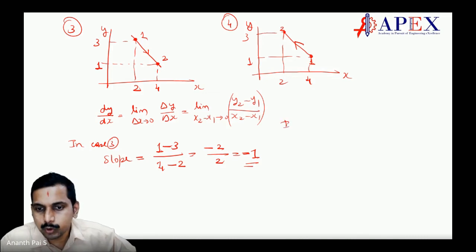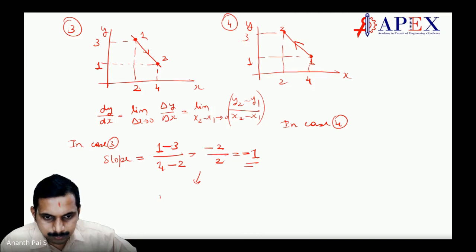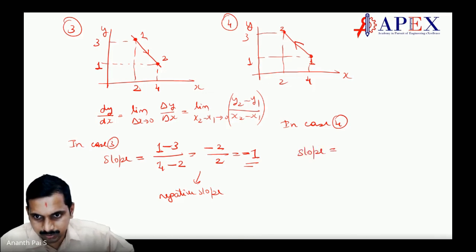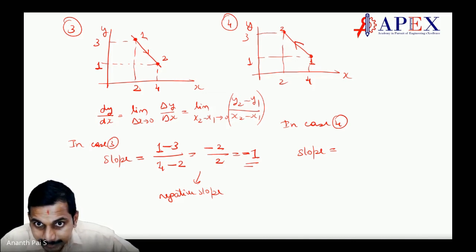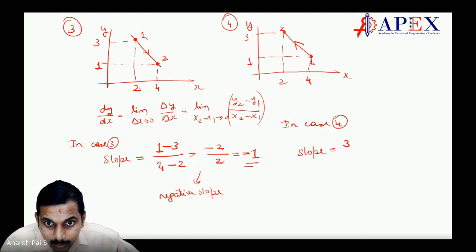In case 4, we also get a negative slope. This is basic, and sometimes we miss that. That is why we land in trouble, students. So in the second one, what is y2? Y2 is 3, and y1 is 1.